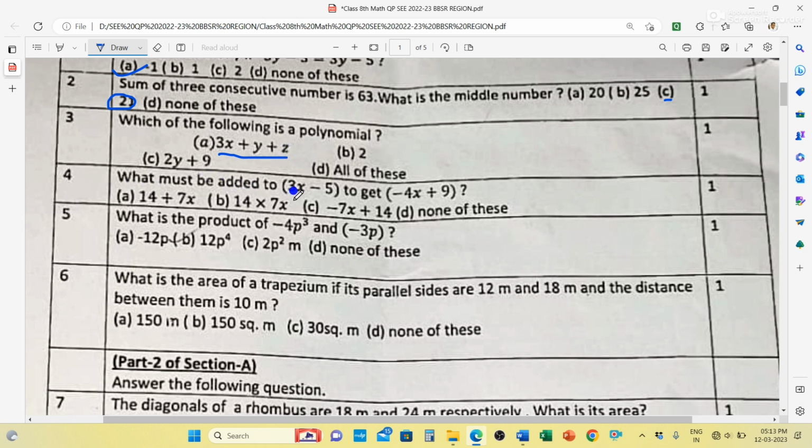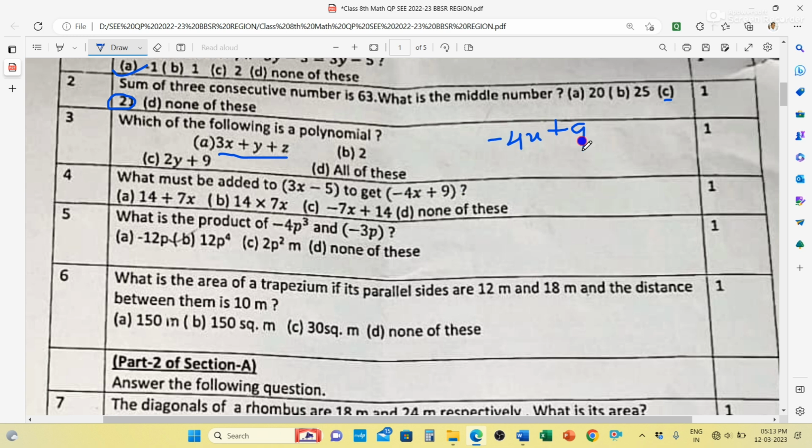What must be added to 3x minus 5 to get minus 4x plus 9? Here you have to subtract 3x minus 5 from minus 4x plus 9.